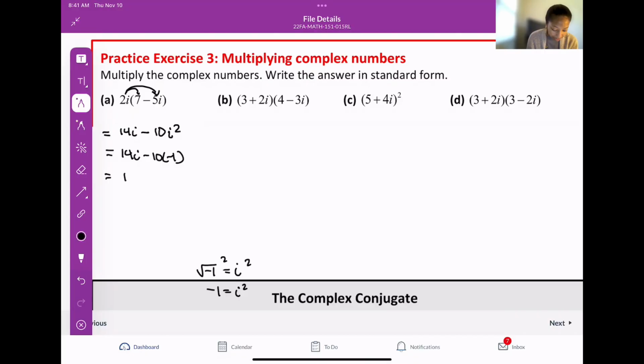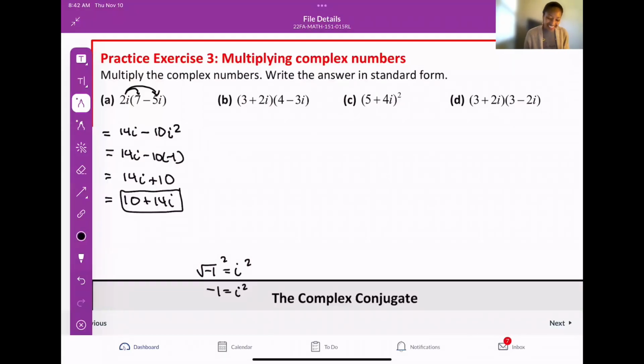And then if we simplify that, that's 14i plus 10. And then last thing, just remember in standard form, the real number comes first and then plus the imaginary number. So that's 10 plus 14i. Our thing to remember is that anytime we see an i squared, we can replace that with a -1.